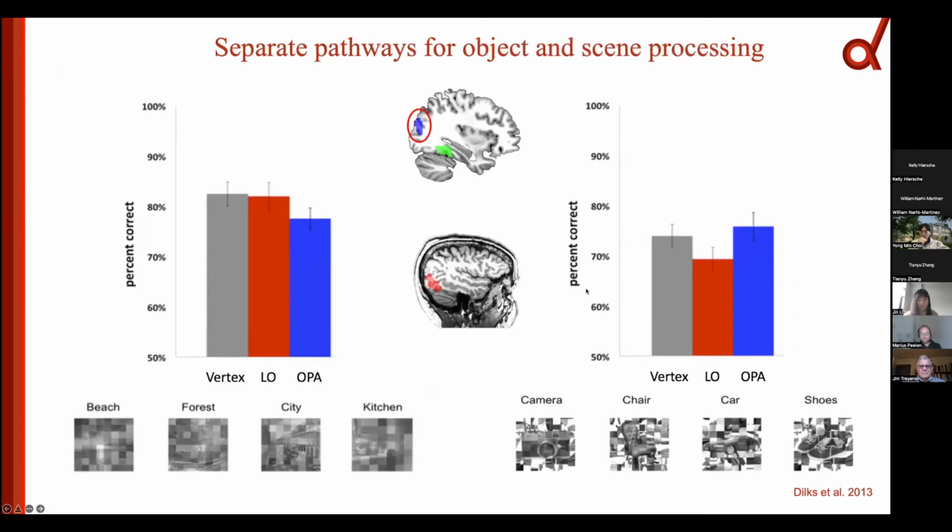So putting these results together, they find this double dissociation with the scene-selective cortex being causally involved in scene recognition and the object-selective cortex being causally involved in object recognition. So that's important causal evidence that these regions are actually processing distinct parts of the visual input.